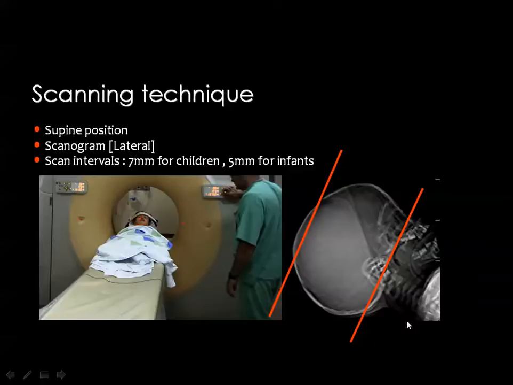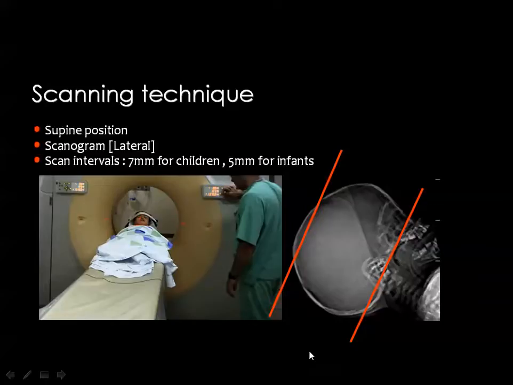We try to align the start line at the famous orbitomeatal line, which is a line joining the lateral canthus of the orbit with the external auditory canal. And this will result in good scanning for the brain, so that you are able to see the anatomic structures.